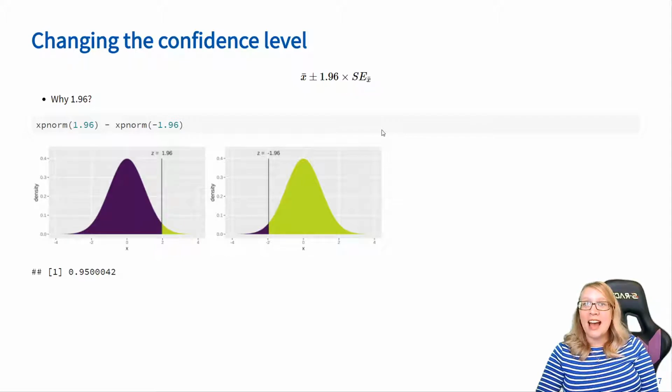Turns out that the actual range from a normal model that gives 95% probability in the middle is a little bit narrower. We take 1.96 standard deviations. And because we want our confidence intervals to be as accurate as possible, we'll use 1.96 instead of 2.